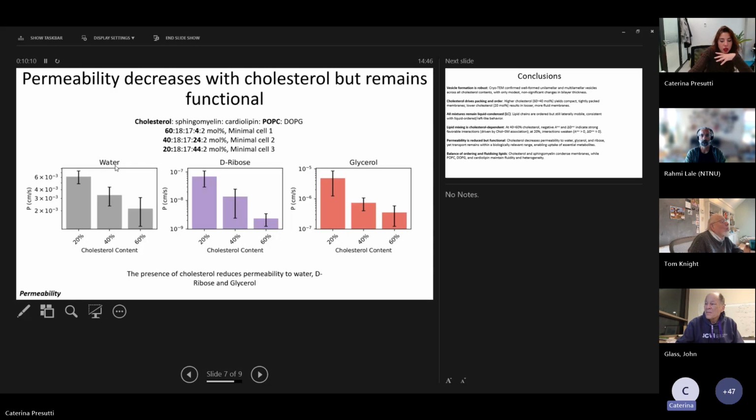Here, water remains the most permeable solute, while ribose and glycerol have a permeability still in a biological range, in the order of 10 to the power of -8 to -6.